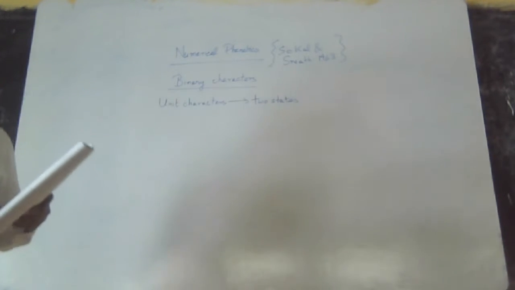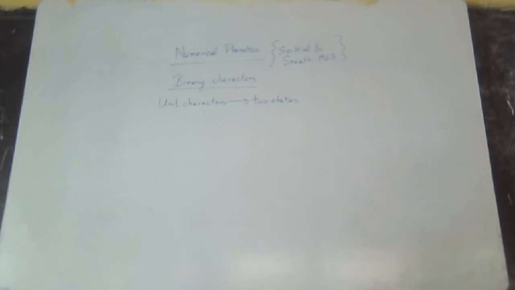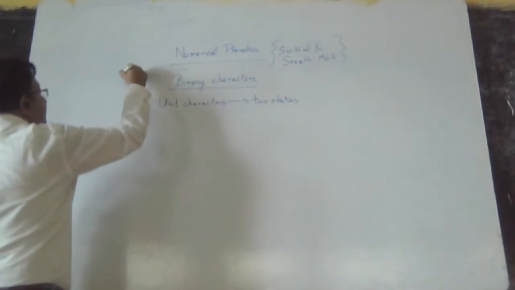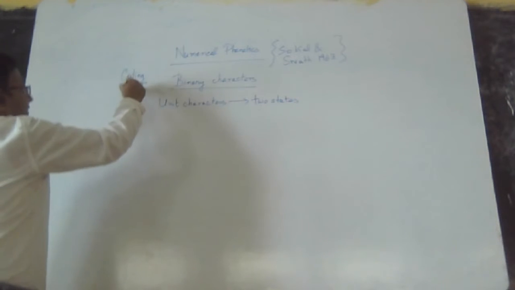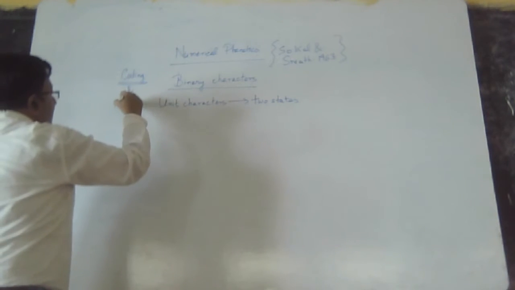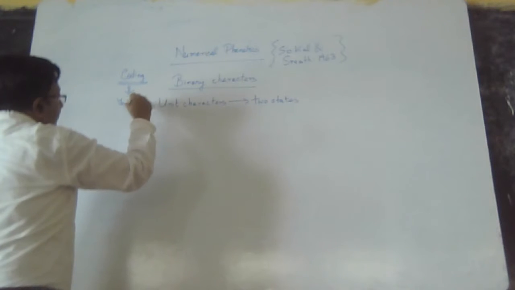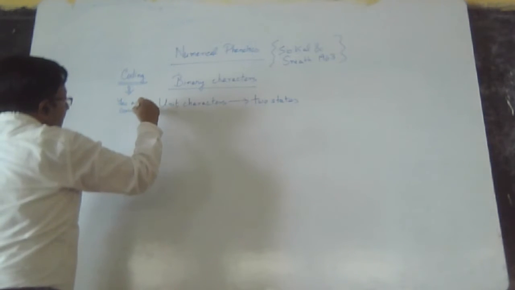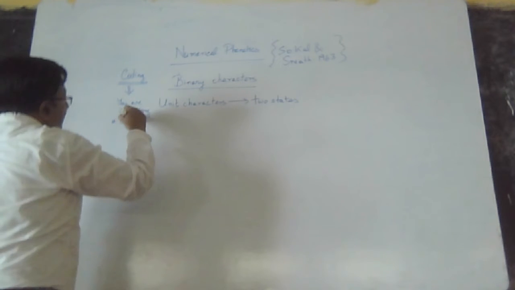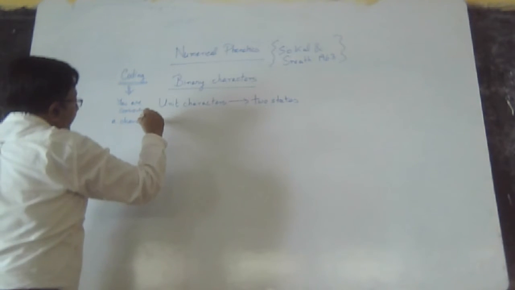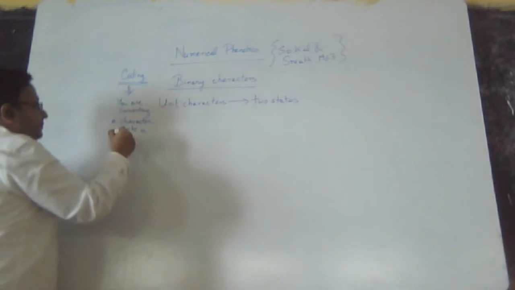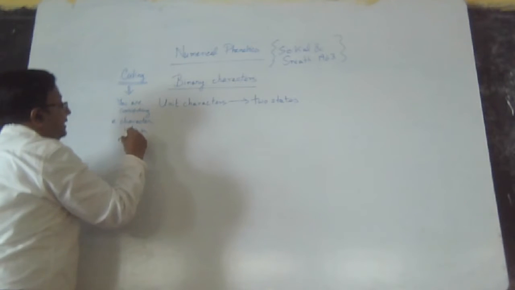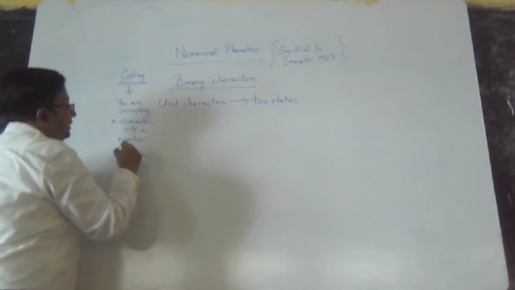Now we are talking about numerical character. So there is a term which you use, coding. This means you are converting a character into either a number or symbol.